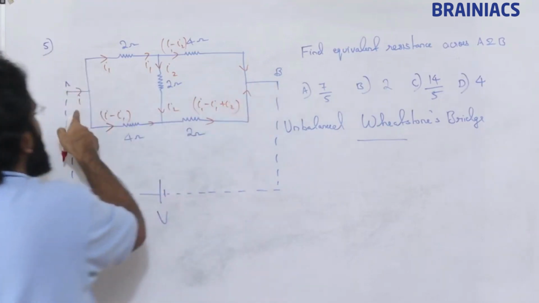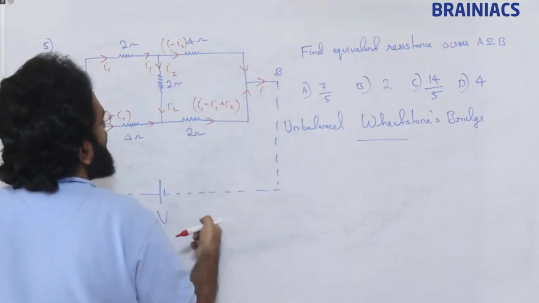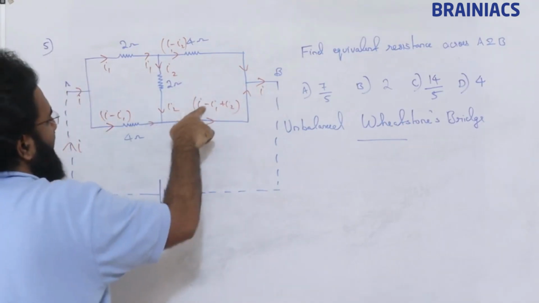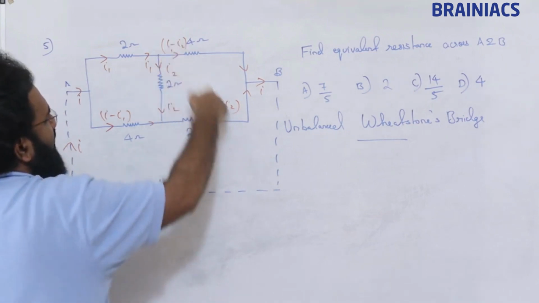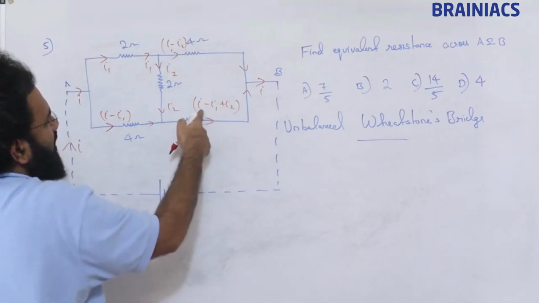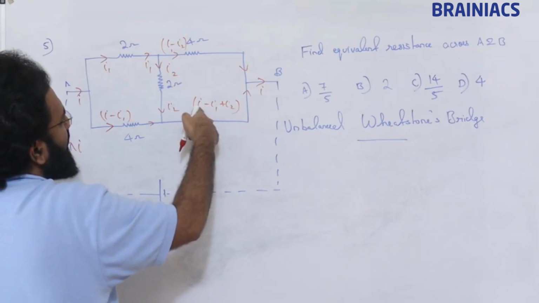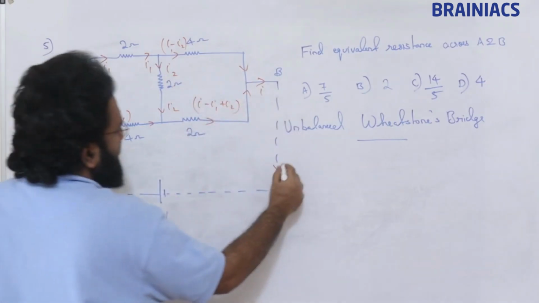Finally, whatever entered here will be leaving here. If we add these, you can see everything gets cancelled off and only I survives, which will pass through this. Clear?